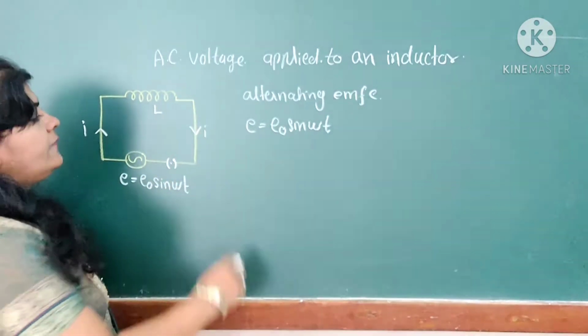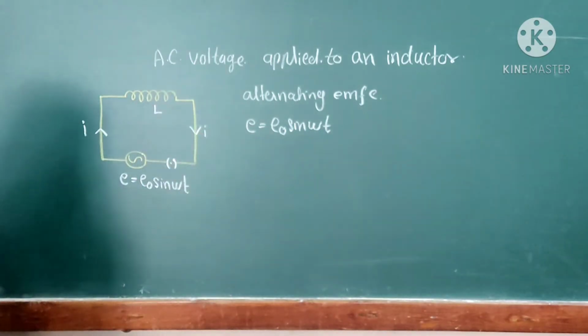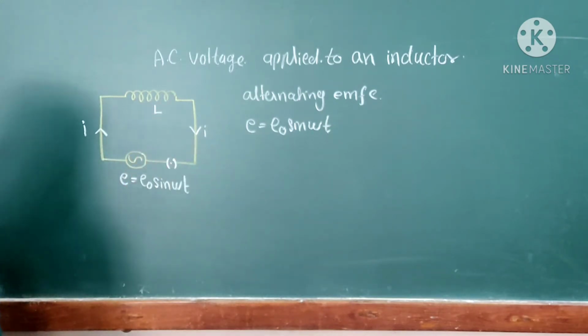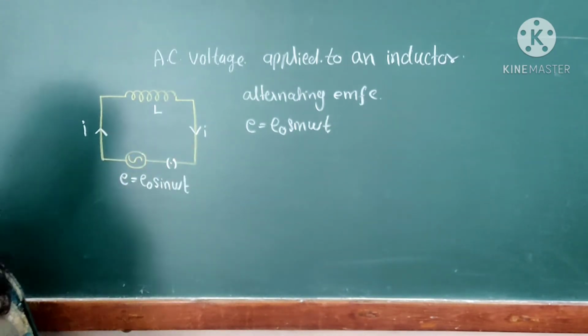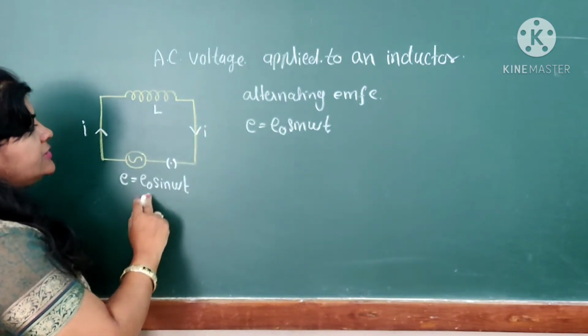When the EMF is applied across it, current flows through it. This current is opposed by the inductor, and the applied EMF E is opposed by it.